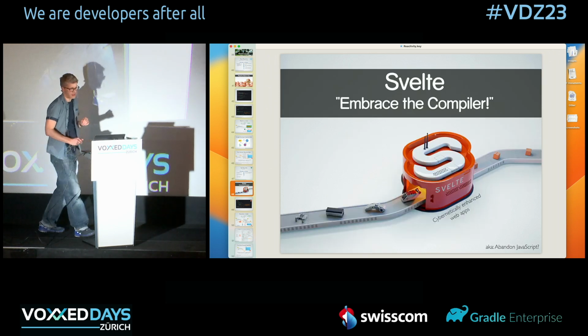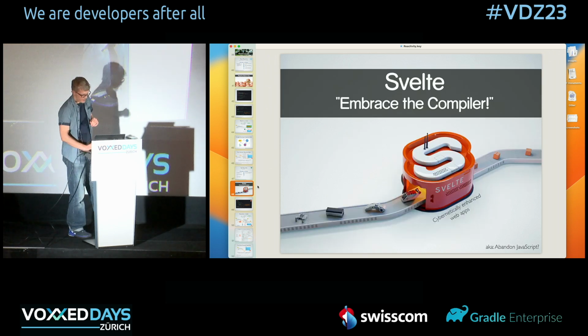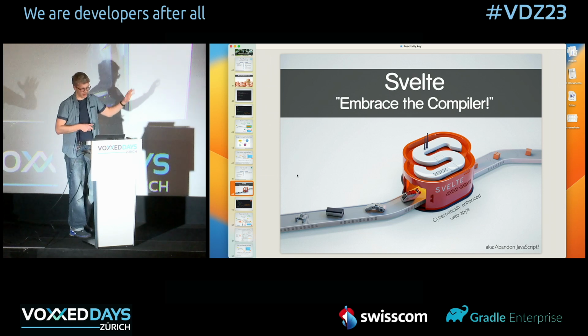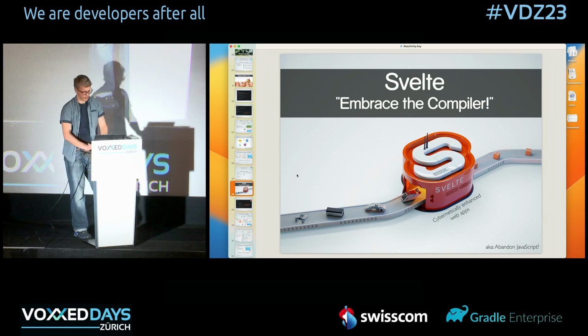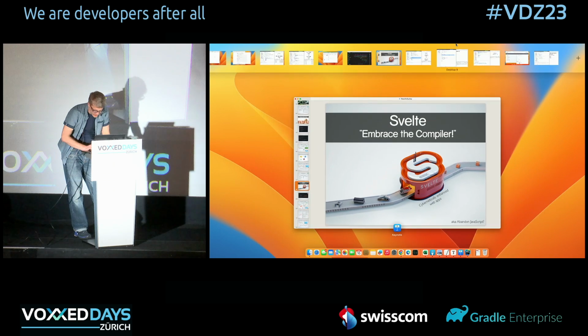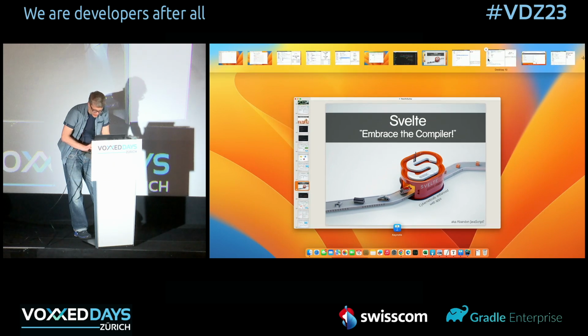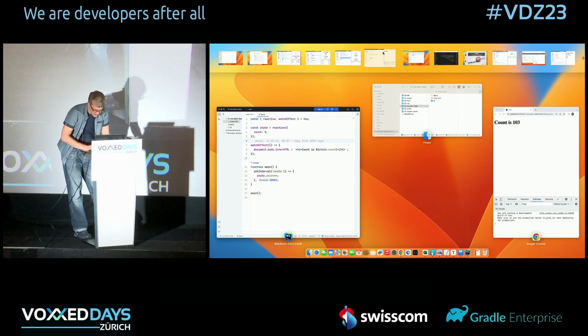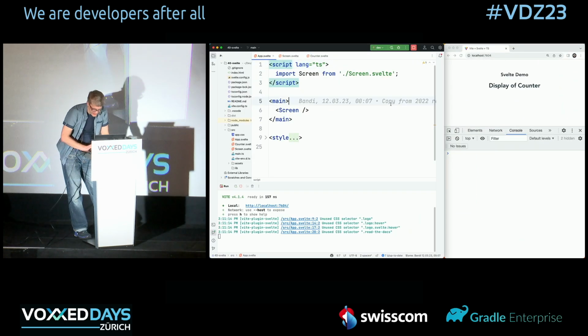Let's go to Svelte. Svelte has quite a different concept. It does reactivity via a compiler, and it's a bit more difficult to show. But let's try. So that's the Svelte example.